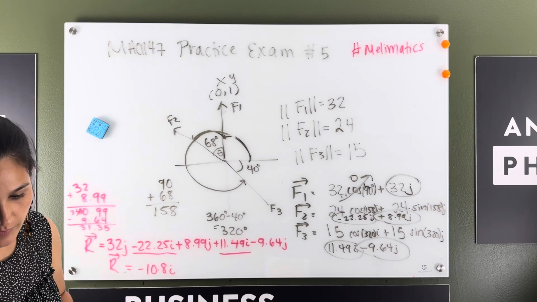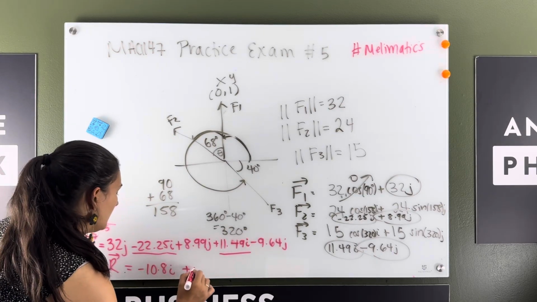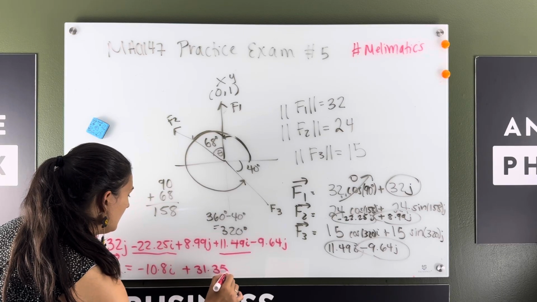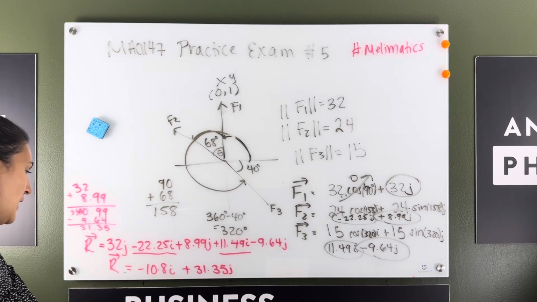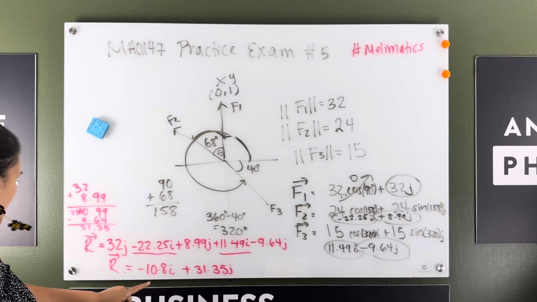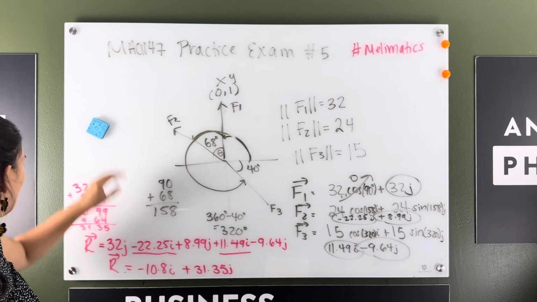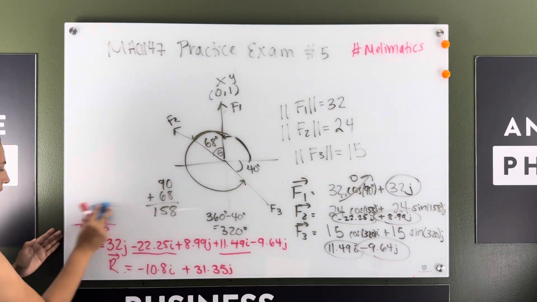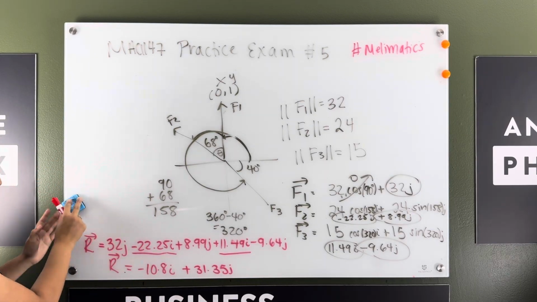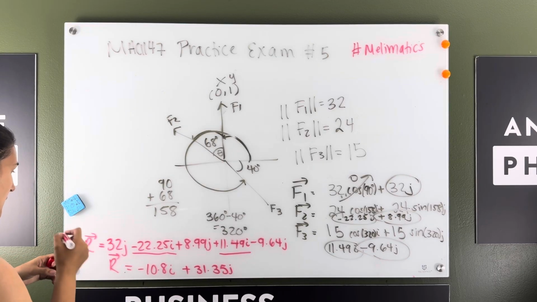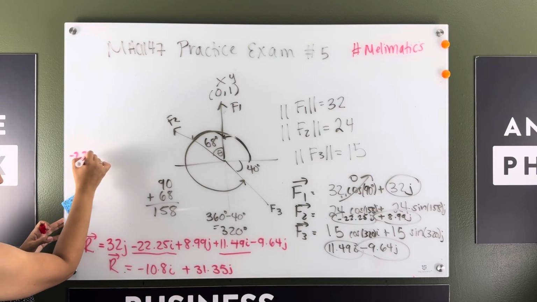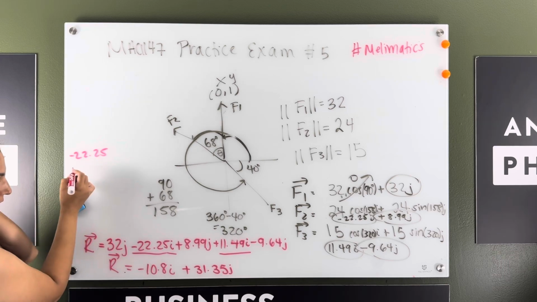I got 31.35. Okay, if you use my numbers, I think I got one more decimal here. I can check it really quickly since I'm not using a physical calculator right now. I'm pretty sure I got another decimal point.